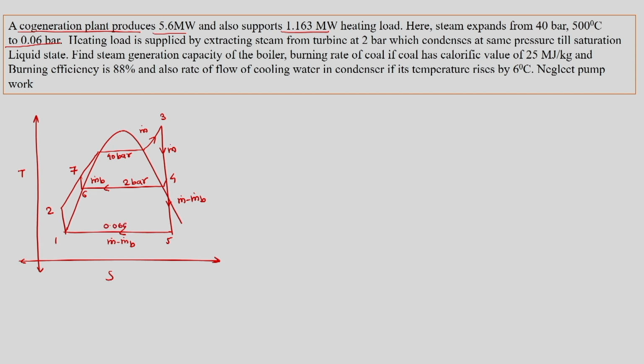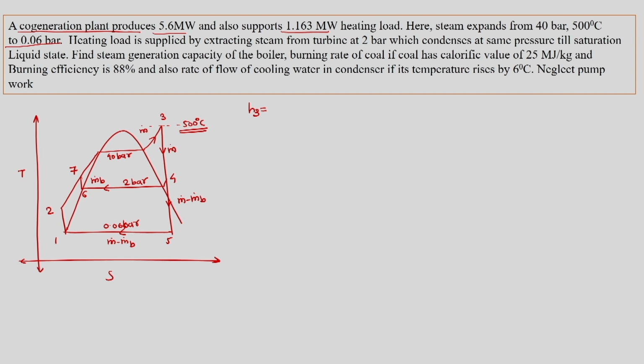Here the pressure is 40 bar, and we know the temperature is 500 degrees Celsius. So this data is given to us. With this data we will go ahead and find the different corner properties. First we will find H3 so that we can find the different flow rates.